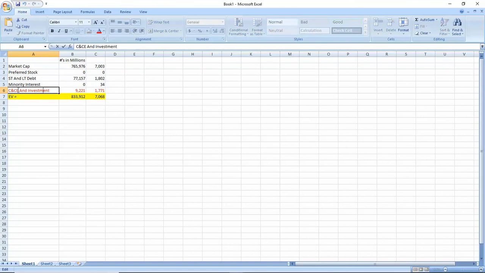I always get this question every time I talk about EV. Why do we subtract cash and cash equivalents? Because if we were to take over the company, or we already own the company, we would already have this cash. It would come with the company already, so it would likely not be considered in the purchase price.